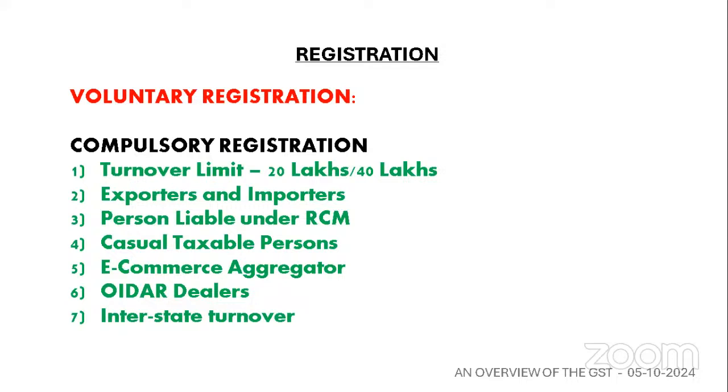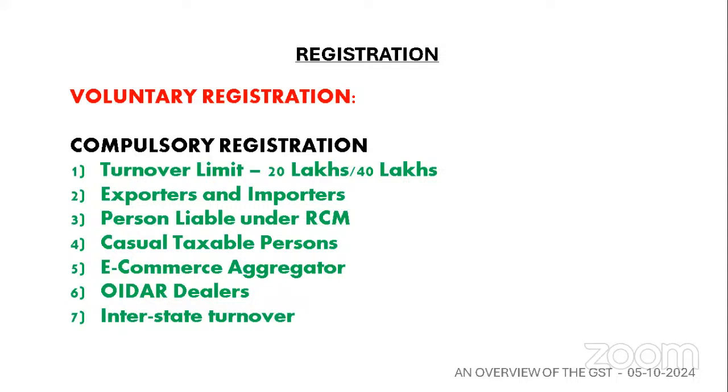Then e-commerce aggregators. Nowadays, it's very common for us to buy goods and services through various e-commerce platforms. All the e-commerce aggregators, irrespective of the turnover, are liable for registration. Then online information and data retrieval services. The dealers who deal with these services are compulsorily liable to be registered.